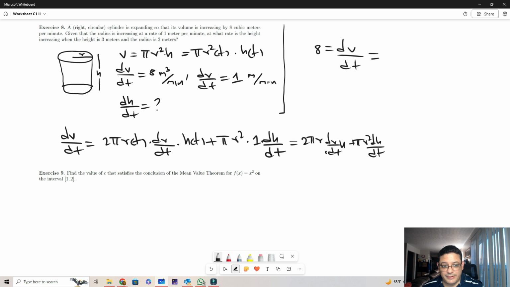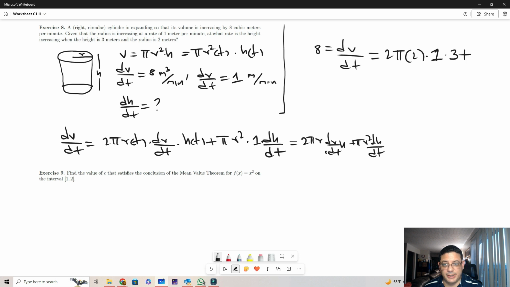And we want to know what is happening when dr/dt is 1, but we have that h equals 3 and r equals 2. So we're going to replace r, and r is 2, dr/dt is 1, and h is 3. So we're now replacing all the values that we have.